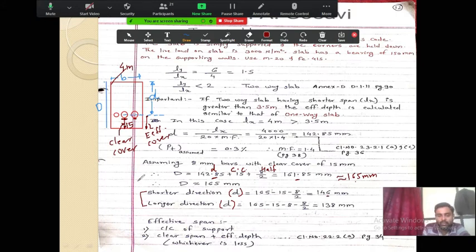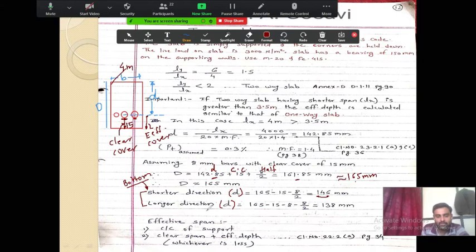Always remember this, you lay down the main steel in the shorter direction. And the steel of the shorter direction is always at the bottom. In a slab, the first steel you place is always in the shorter direction, and above that steel you place the steel in the longer direction. So the shorter direction depth we have calculated works out to be 146 mm.